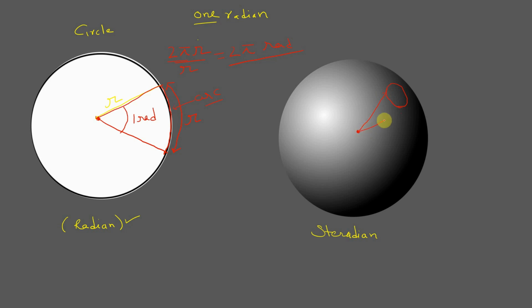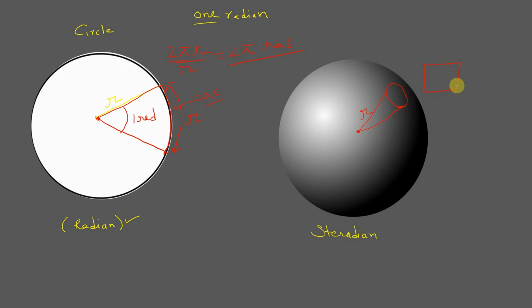So one steradian is defined as a solid angle, because in 3D it is called a solid angle, with the vertex at the center of a sphere of radius r, subtended by a spherical surface with area equal to a square.